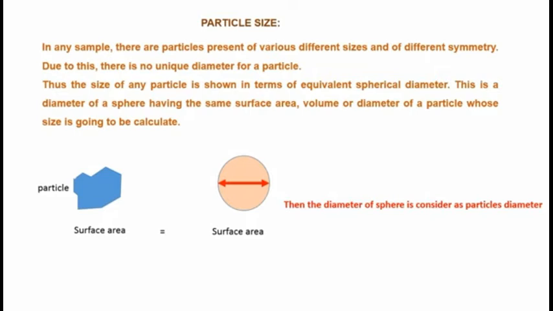Stokes' law of sedimentation gives the rate of settling, where d is the diameter of the particle, ρ is the density of the particle, ρ₀ is the density of the liquid, and η is the viscosity of the liquid. It is used only for dilute suspensions, that means less than 2% dispersed particles.